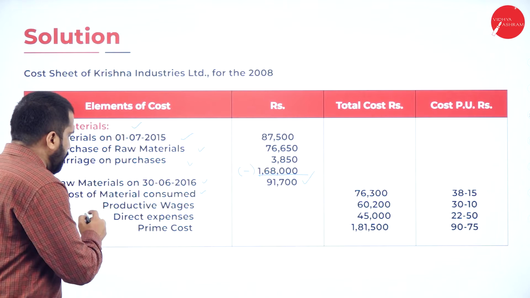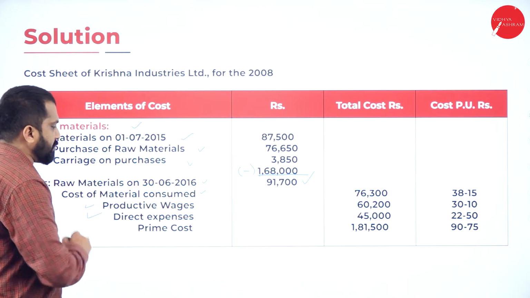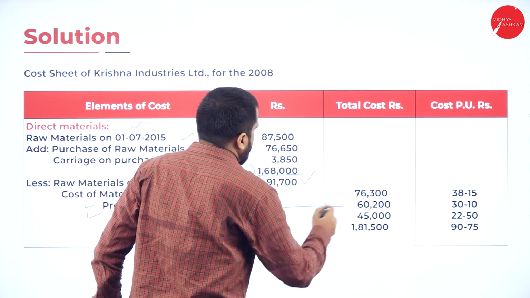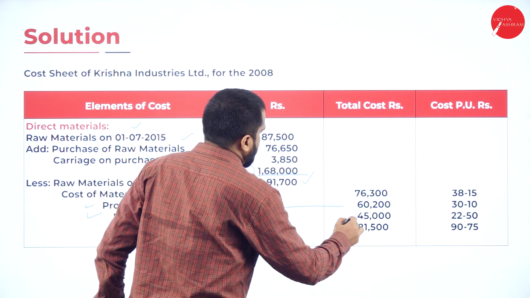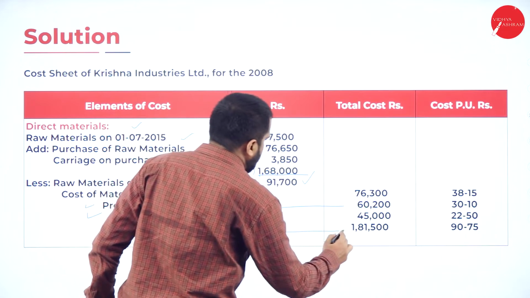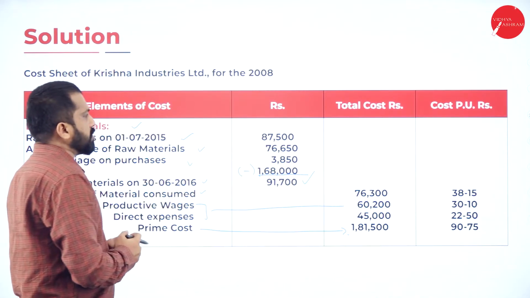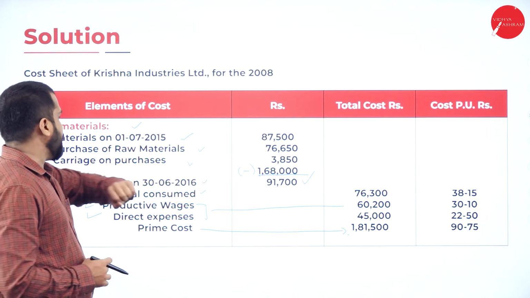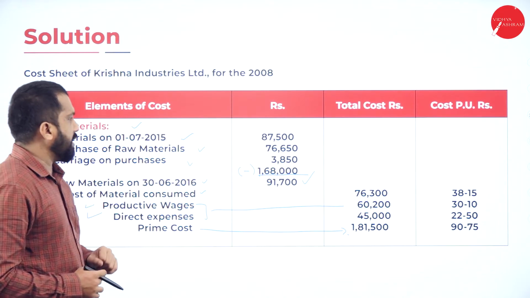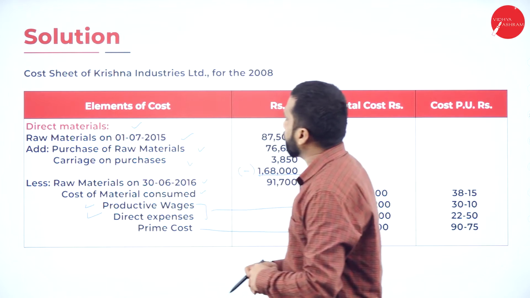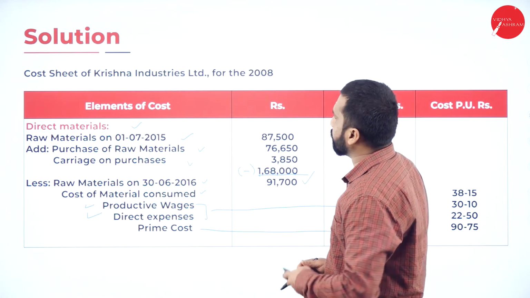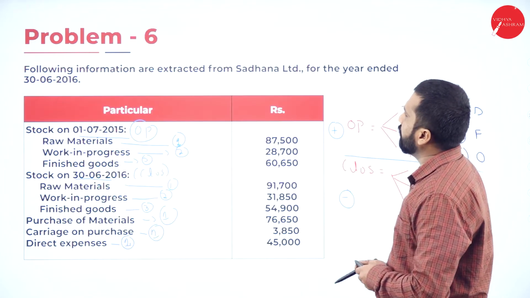After that, we go with productive wages and direct expenses. Add these two and you will get your prime cost. I'll go back to your question so that we'll get the amounts also.